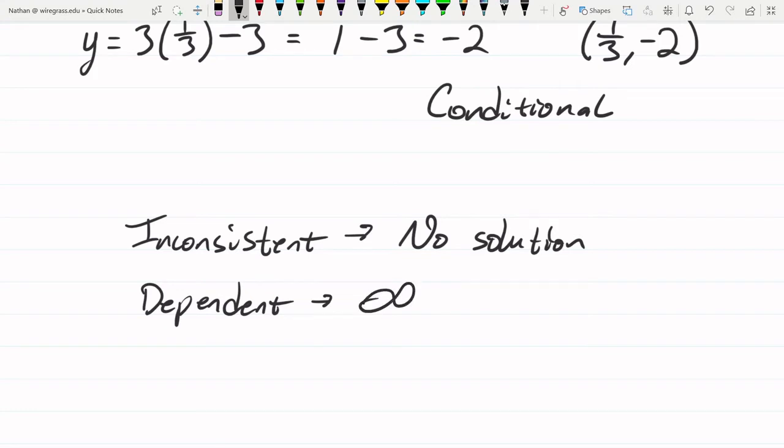This means infinite solutions. Just like in the solutions for linear equations, we had conditional, inconsistent, and identity. This one also has 3 solution types: conditional, meaning one solution; inconsistent, meaning no solutions; and then dependent, meaning infinite solutions.